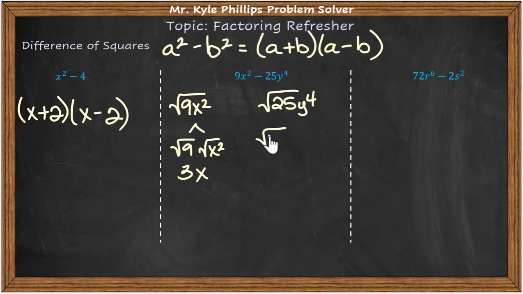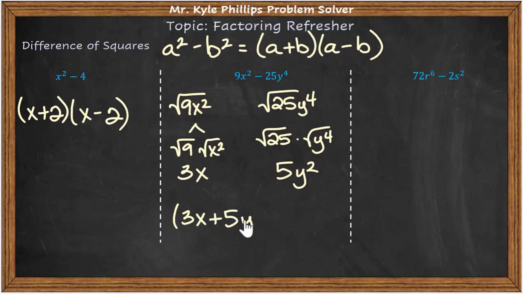Remember, the number 25 times the variable y to the 4th. So that is 5. Here, remember, you're just dividing that exponent by 2, so this is going to be y squared. So this is going to be 3x plus 5y squared and 3x minus 5y squared.